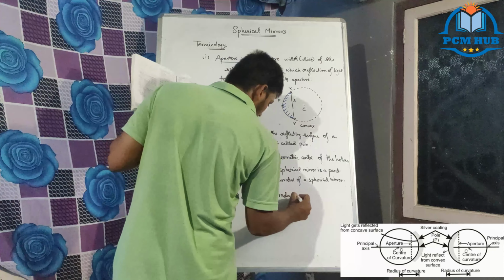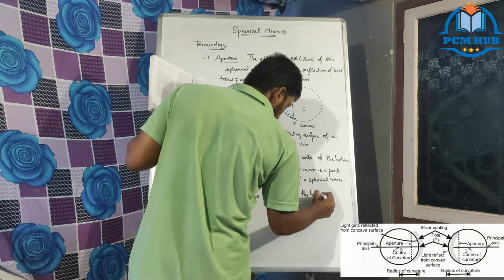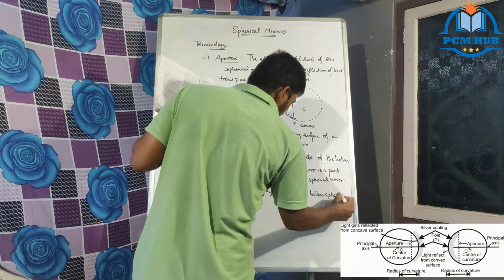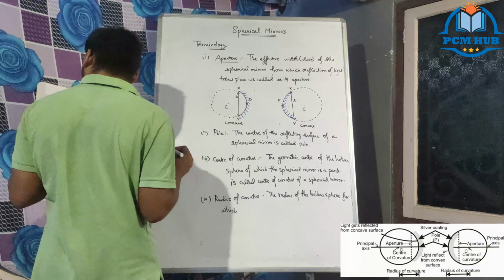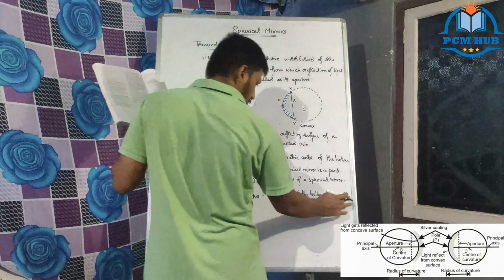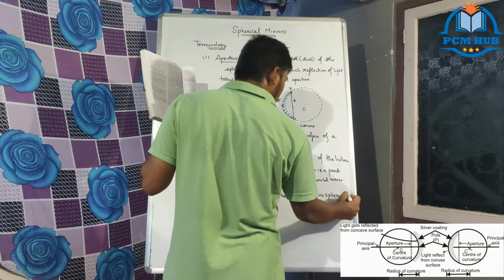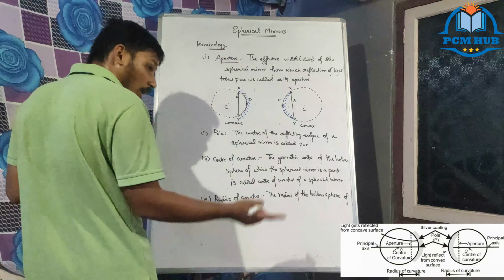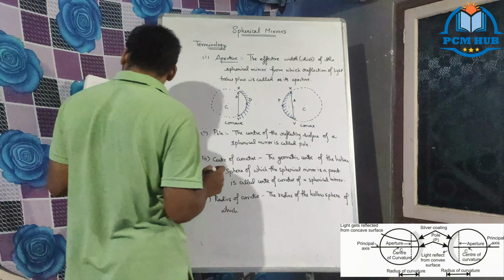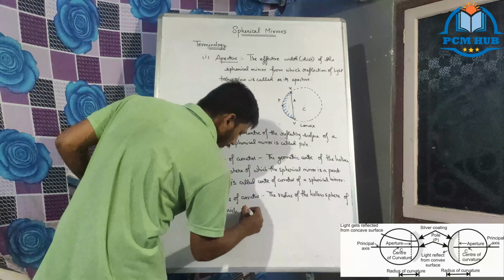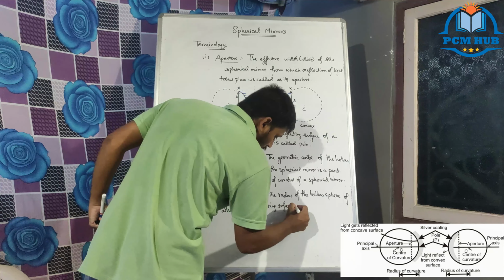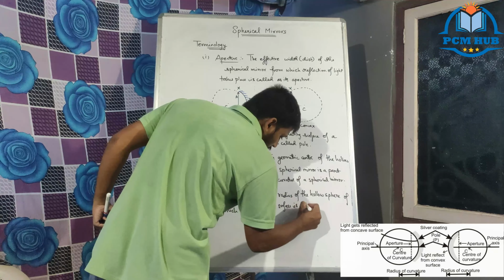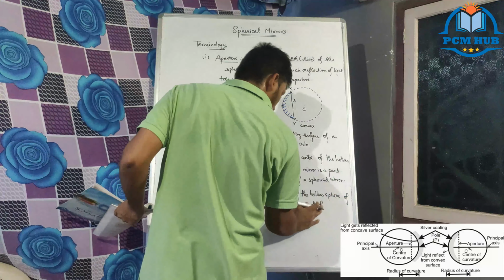The radius of the hollow sphere of which the reflecting surface is a part is called radius of curvature. Actually, English is very, very important in competitive exams.